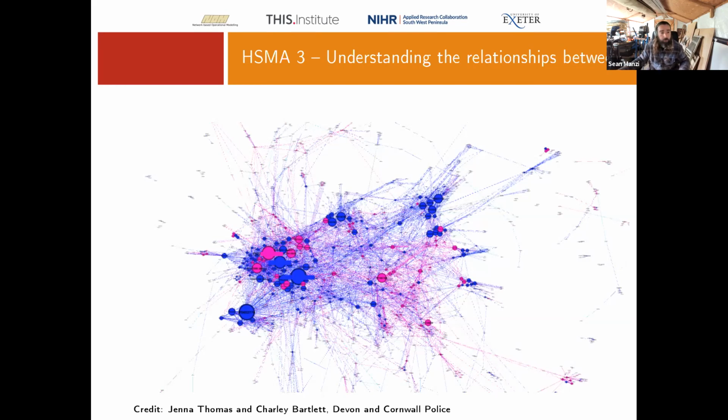This is a group from Devon and Cornwall police who were looking at the links between offenders and their victims and trying to understand how these different groups are linked, and how you get this grouping of different offenders around different groups of victims, so that they can start thinking about interventions to help, one, support victims, but also to prevent future offending from the known regular offenders.